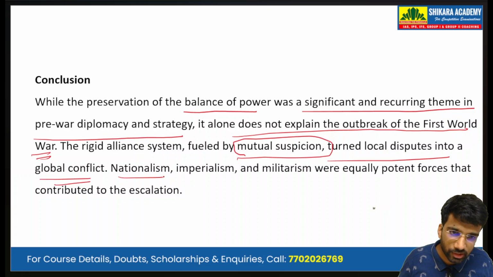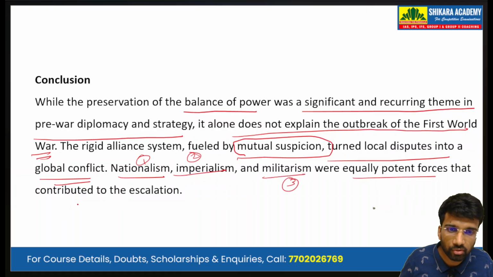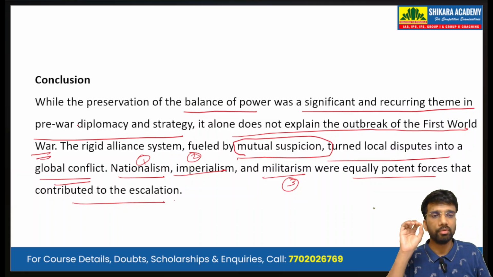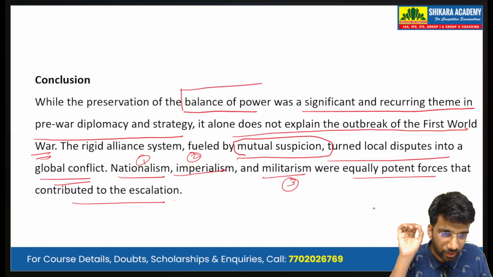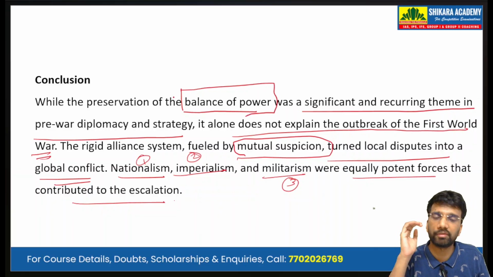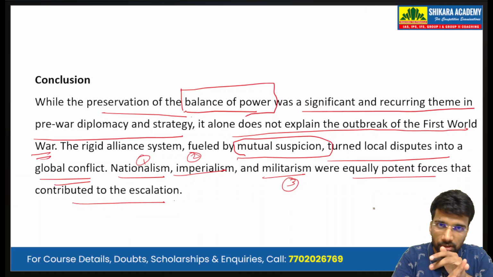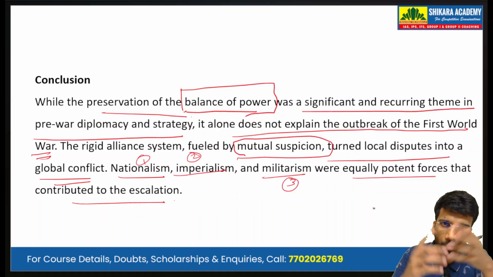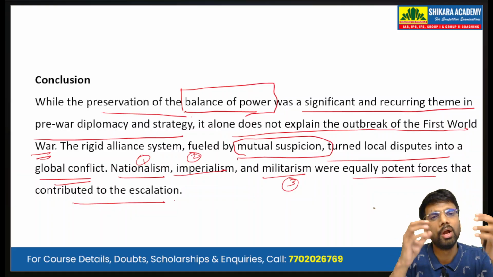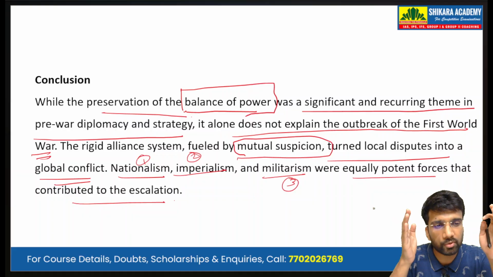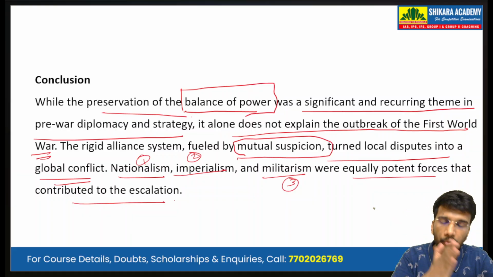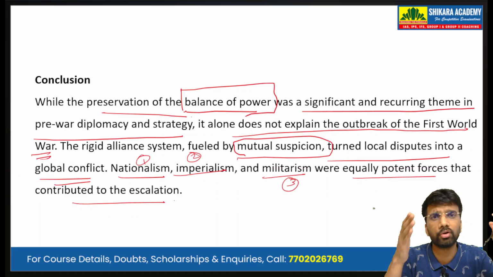Nationalism, imperialism, and militarism were equally potent forces that contributed to the escalation. So the main factor was the preservation of balance of power, but nationalist tendencies, imperialism, and the glorification of the military, that is militarism, played an equally potent role in the outbreak of World War One.